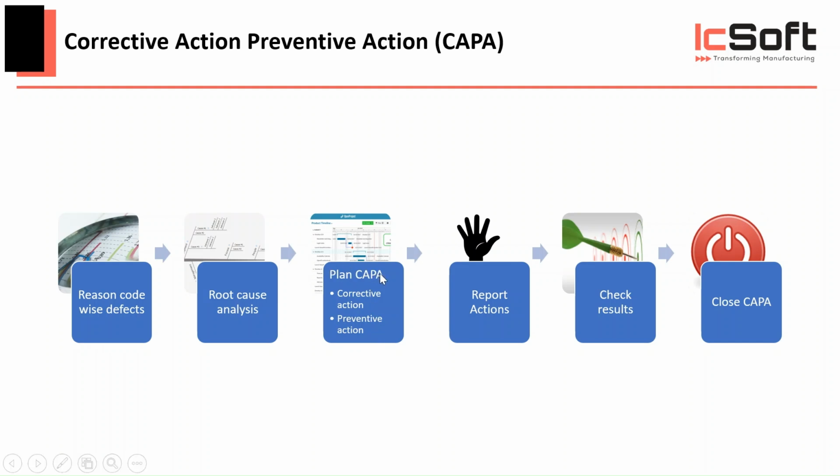Again, we don't stop at the planning stage itself. When we actually execute those actions, for example, it could be refurbishing certain tool, or it could be calibrating certain equipments. So whatever is the corrective action, we report those actions. So whatever we planned, when we took those actions, and again, we don't stop at taking those actions. We go back and we check the results.